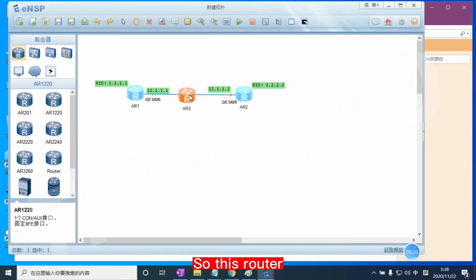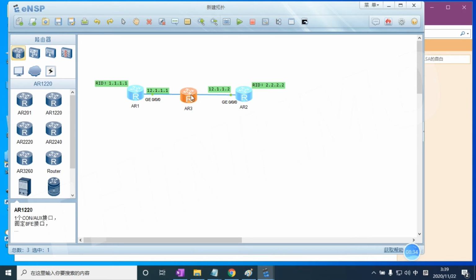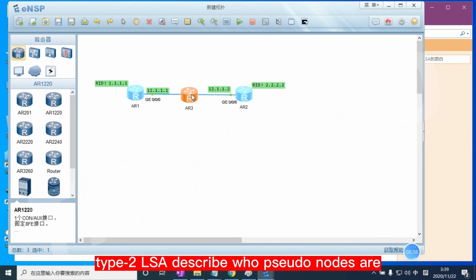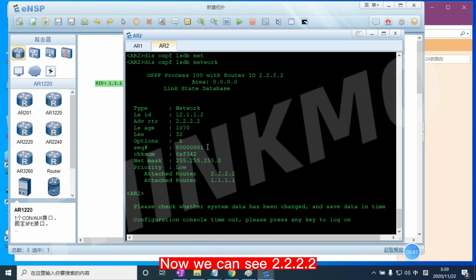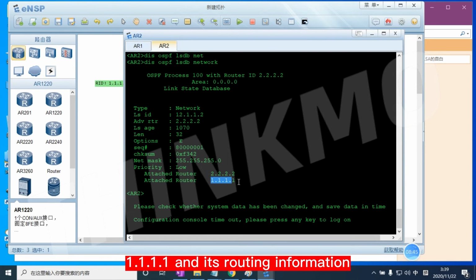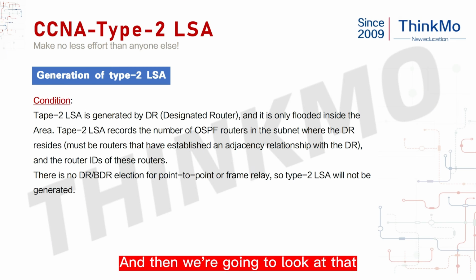So this pseudo-node announces that it is connected to 1.1.1.1 and the other is connected to 2.2.2.2. But here's the key thing: a Type-2 LSA describes who the pseudo-nodes are connected to, 2.2.2.2 and 1.1.1.1, and its routing information. This is the Type-2 LSA we mentioned.